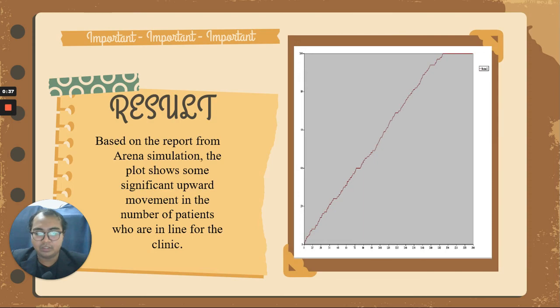Here is the report from the simulation, and it is a plot that shows some significant upward movement in the number of patients who are in the line for the clinic. The time is 20 days. The axis is the number of patients.